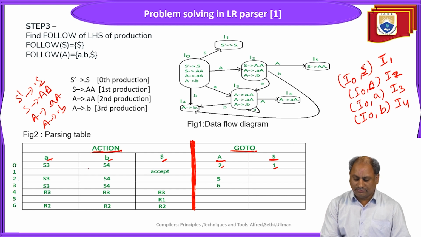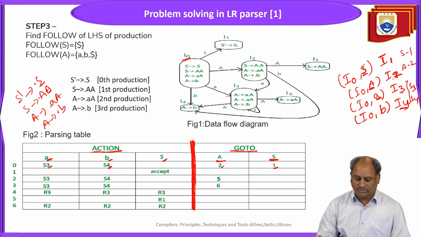So for state I0, small a goes to state 3, that is shift 3, S3, and small b is S4. So we write S3, S4 here, and on the variable side, A is 2 and S is 1.